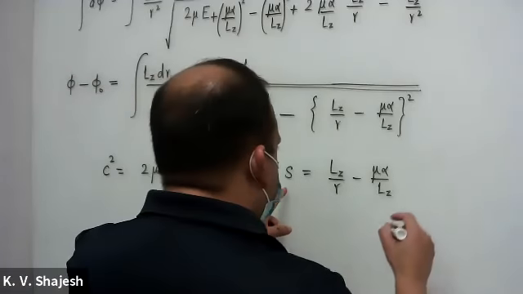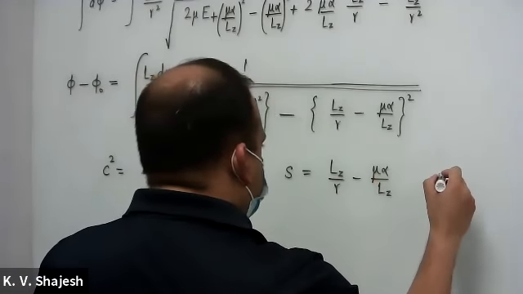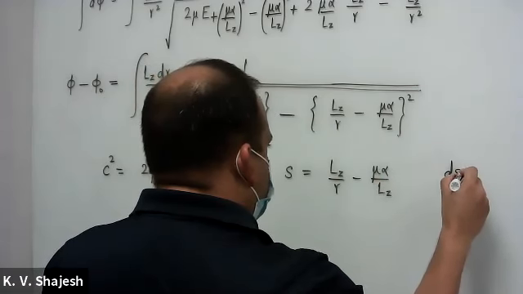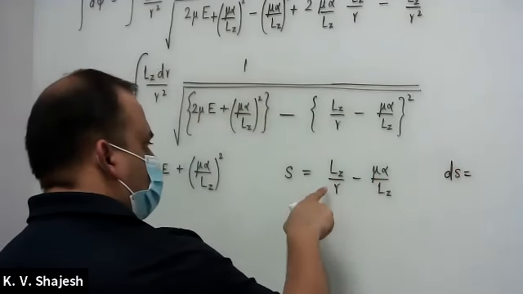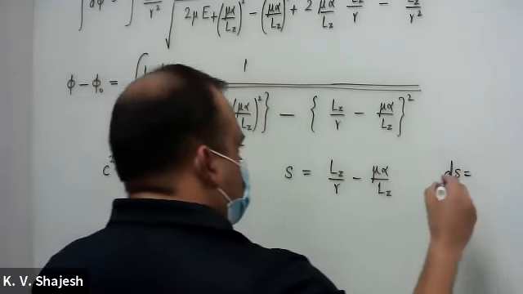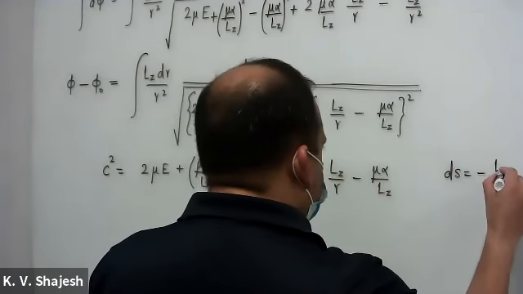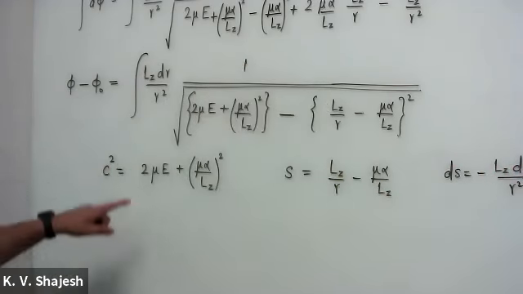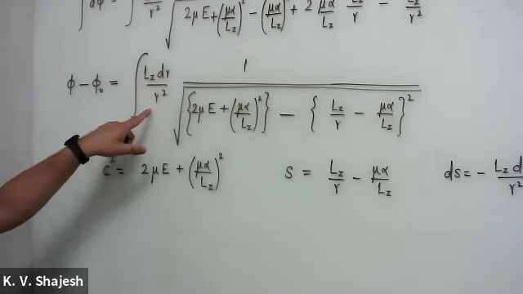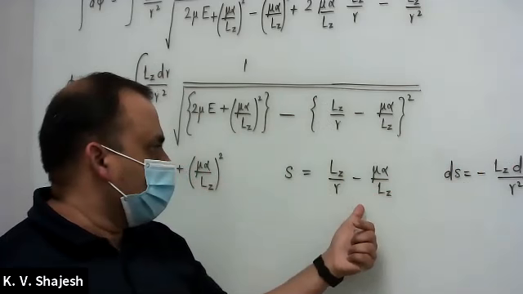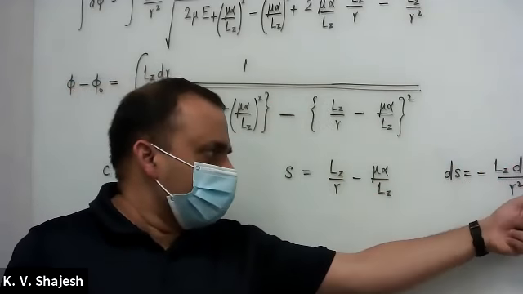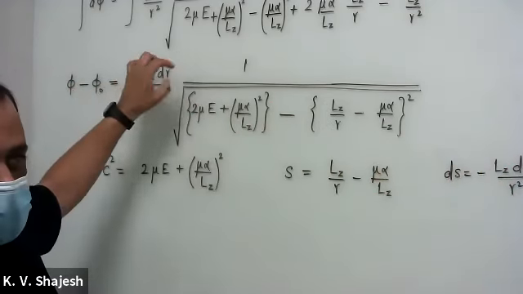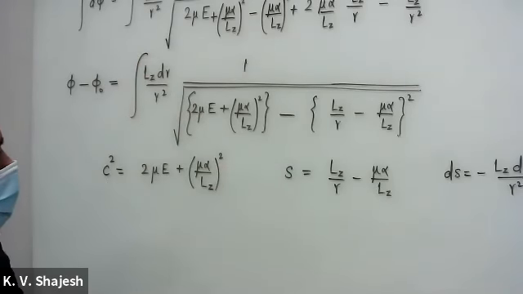So this suggests that ds is equal to, this is a constant, there is an r here, minus Lz dr over r squared. That's nice because that's why I kept it like that. If I make this substitution, the ds associated with that is exactly the coefficient that is already sitting there. That was the reason it was manipulated in that manner.